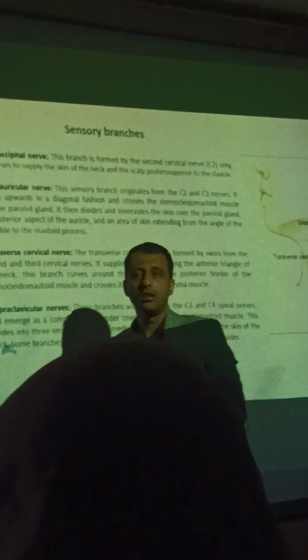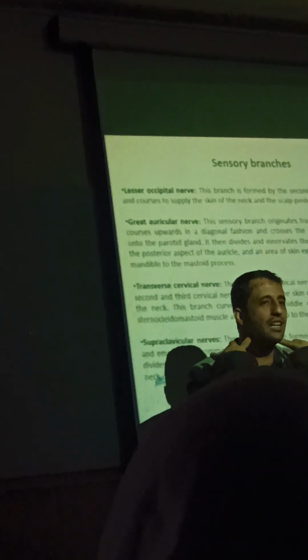Another branch is the transverse cervical nerve. Transverse cervical travels transversely to arrive at the anterior area of the neck and then divides into superior and inferior branches and innervates the skin of the anterior triangle of the neck. Another branch is supraclavicular. Supraclavicular travels inferiorly to arrive at this area.